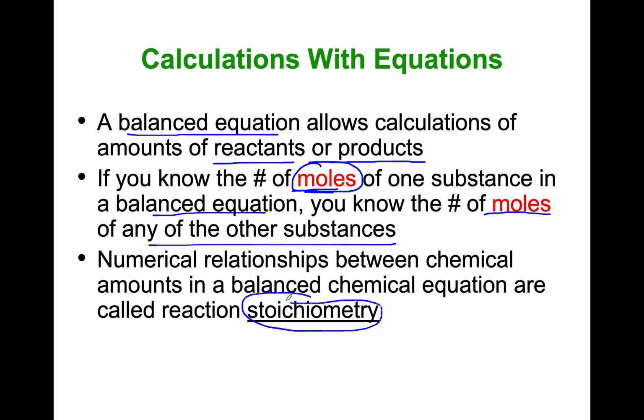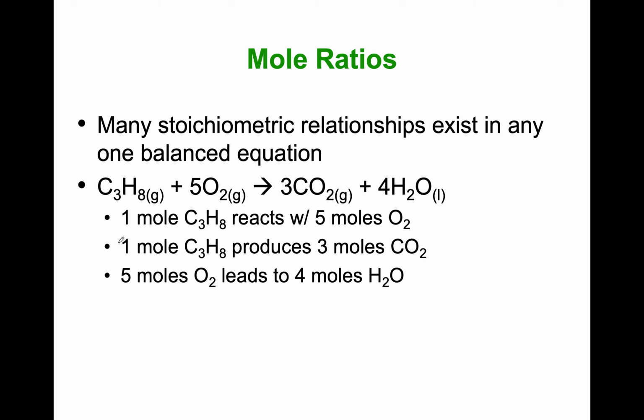So lots of calculations: grams, moles, particles, and then moles of one thing go into moles of something else in a chemical equation. So let's take a look. Example: here, this is propane and oxygen, giving us carbon dioxide and water.